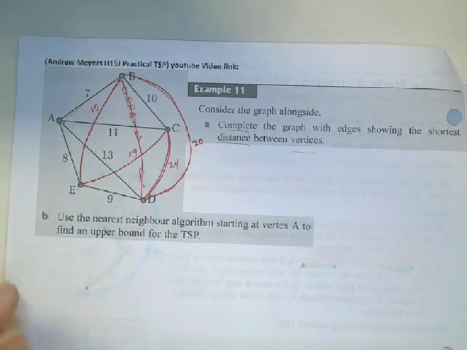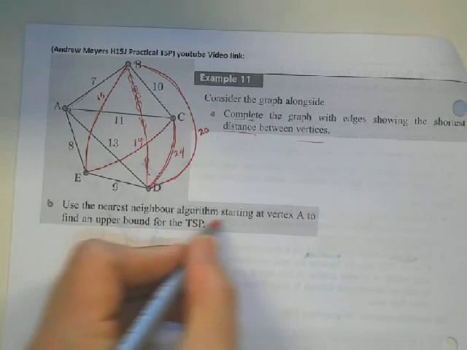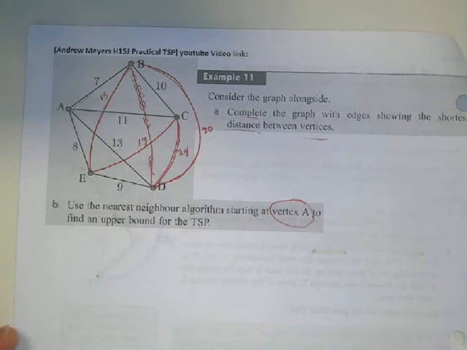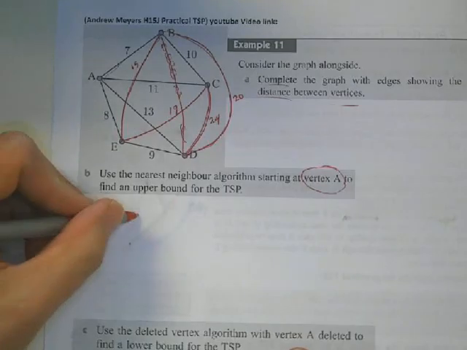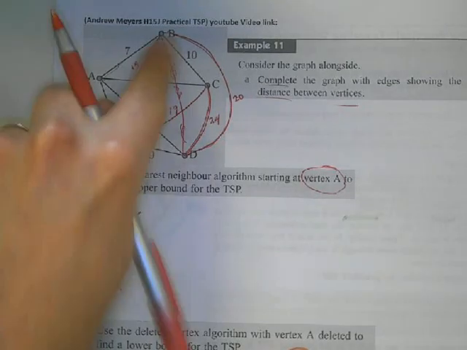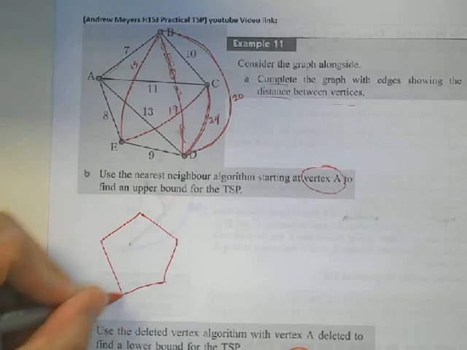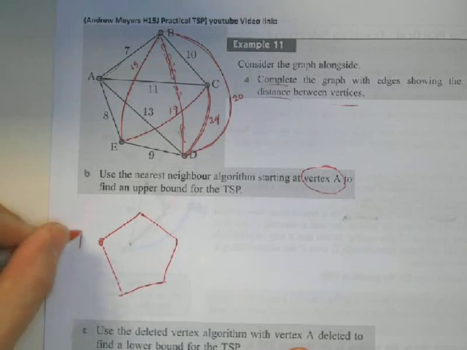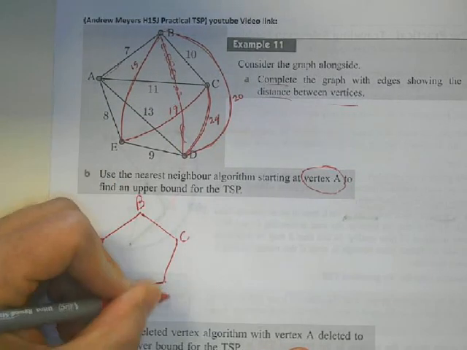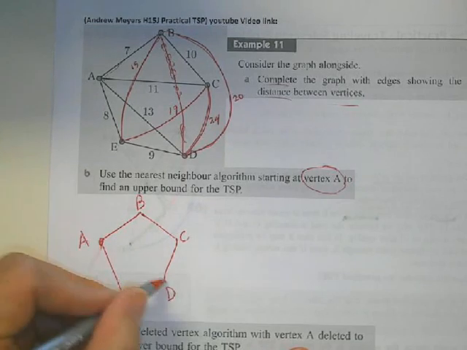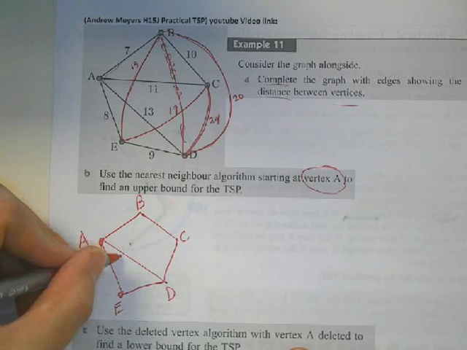Okay, so now we're going to use the nearest neighbor algorithm, starting with vertex A. Just so I don't draw all over this thing, I'm going to redraw my grid: A, B, C, D, E. And that's 13.